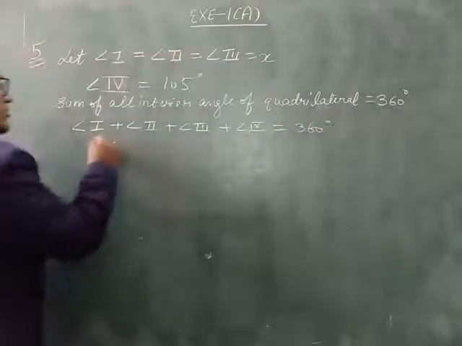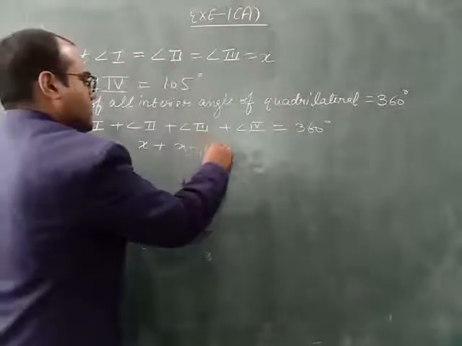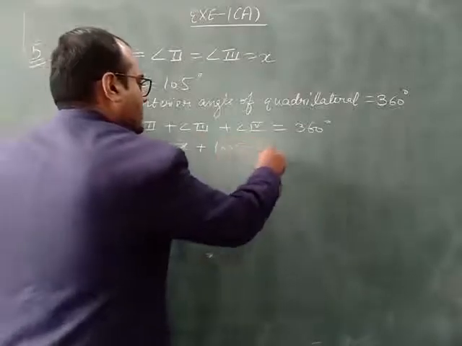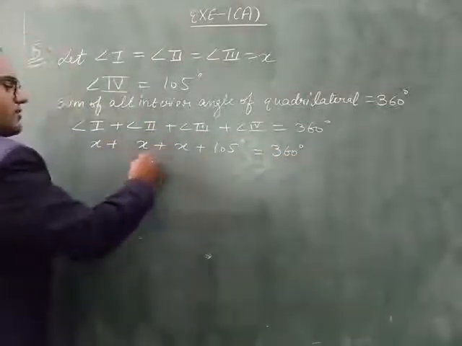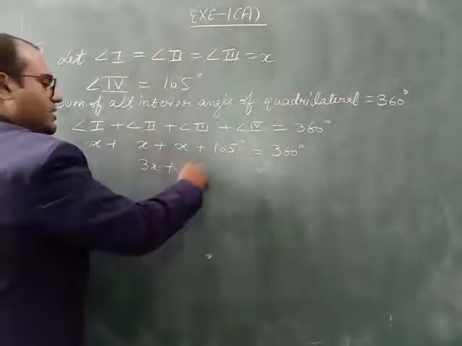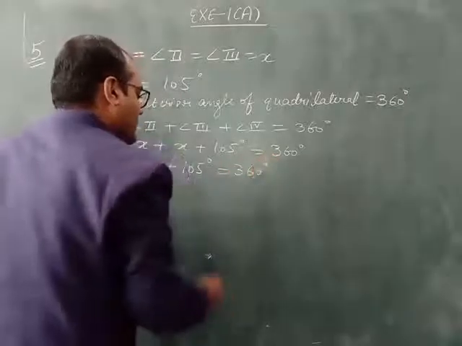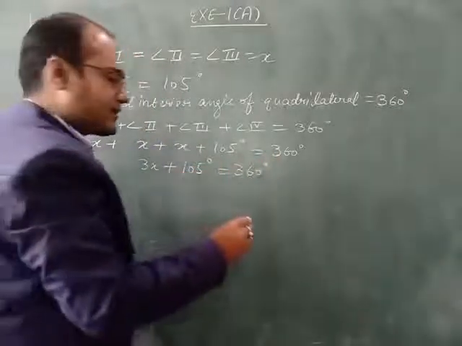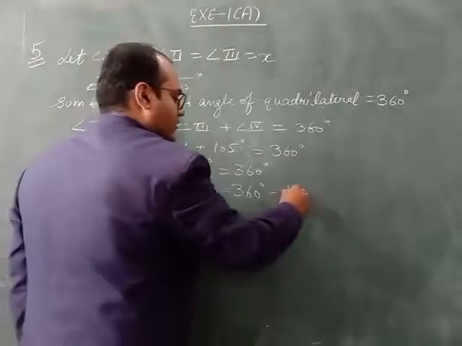Now we will put the value. First angle is x, second also x, third also x, and fourth one is 105, equal to 360. On adding these 3 we get 3x plus 105 degree is equal to 360 degree. Plus 105 will come on the right hand side, so it will become minus 105.